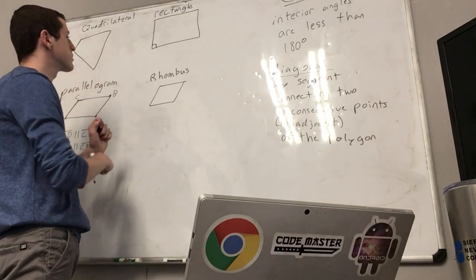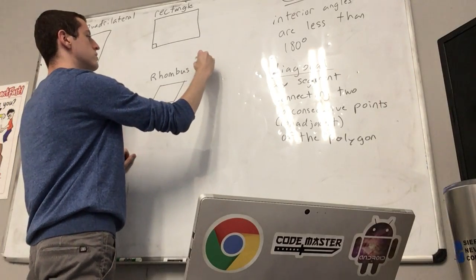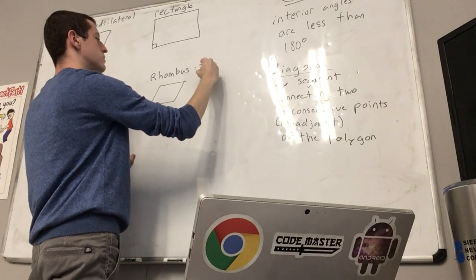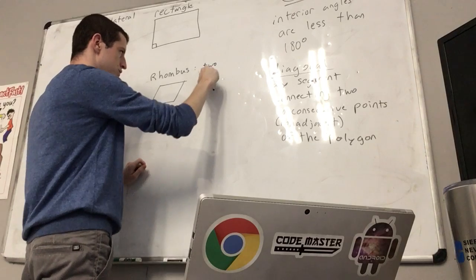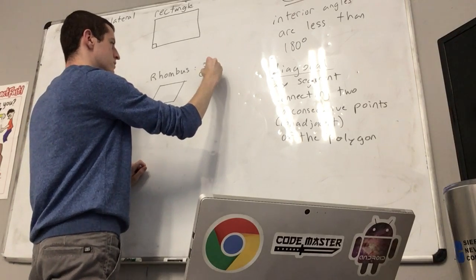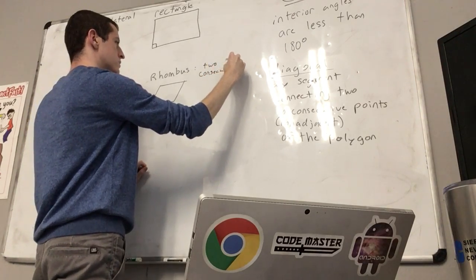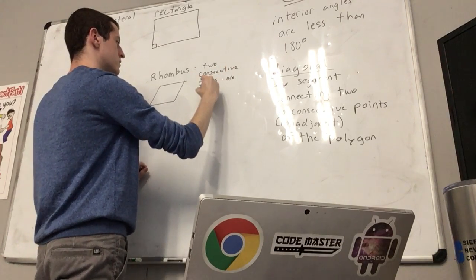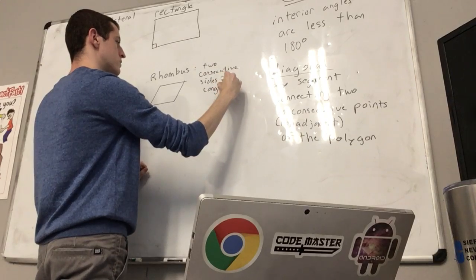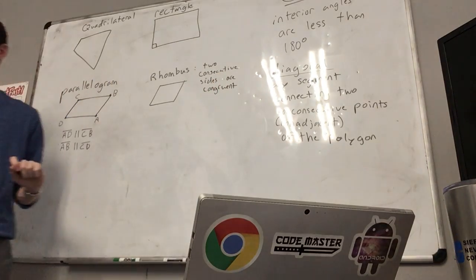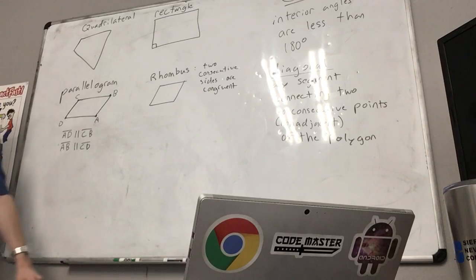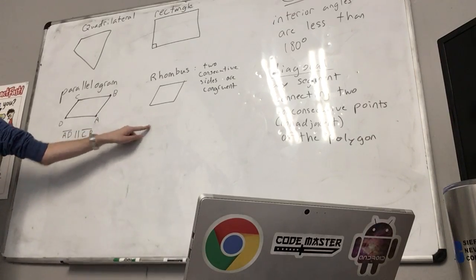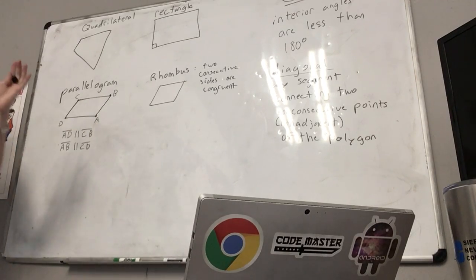So the easiest way to imagine a rhombus, since we haven't covered it yet, is a square slightly skewed. Okay? Imagine pushing the top line over.